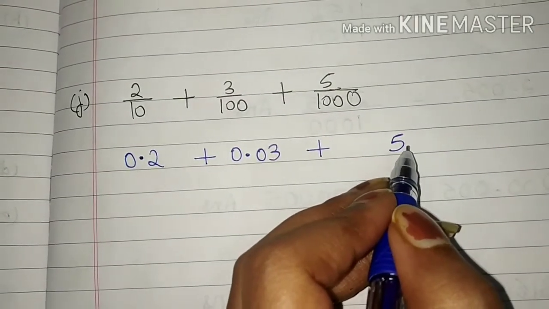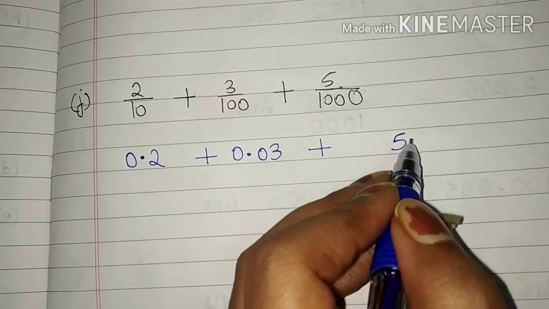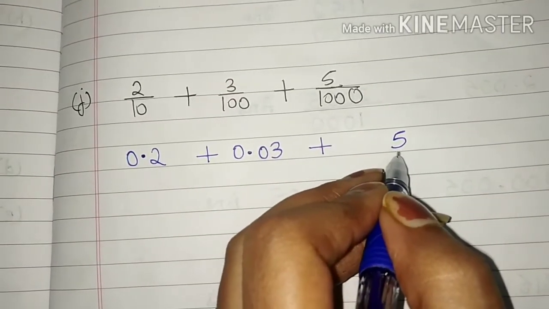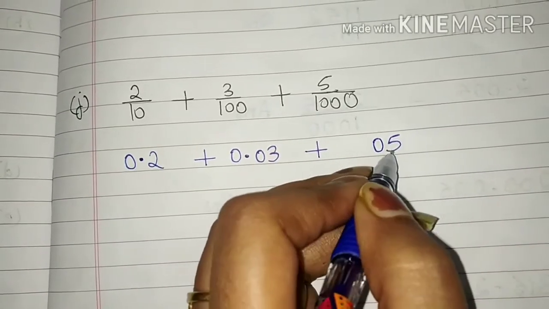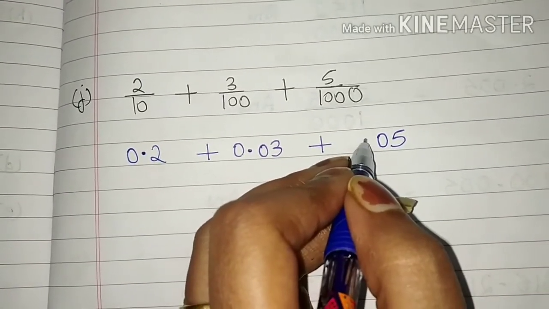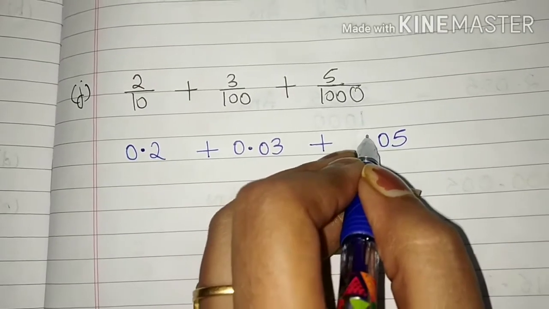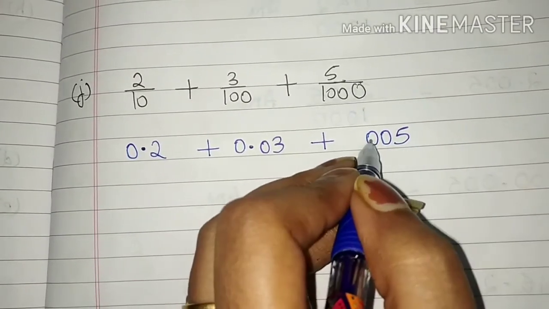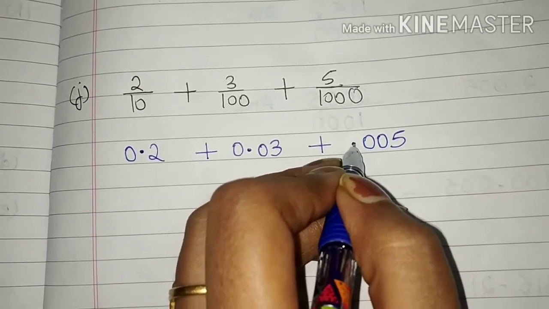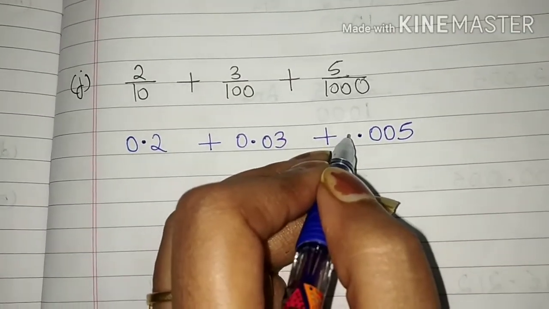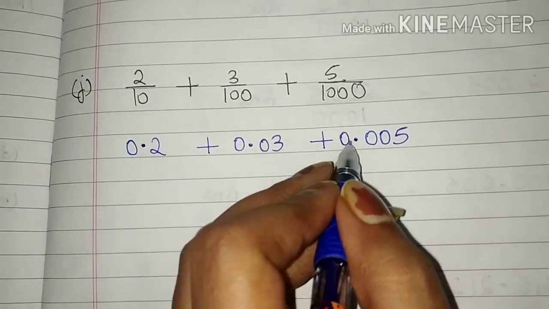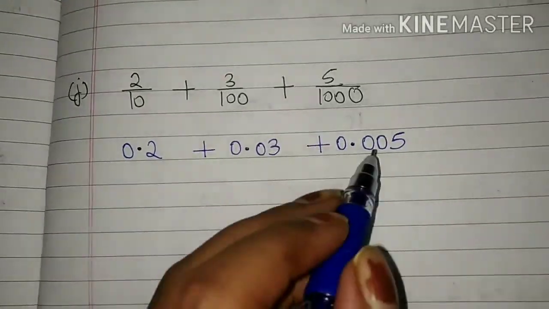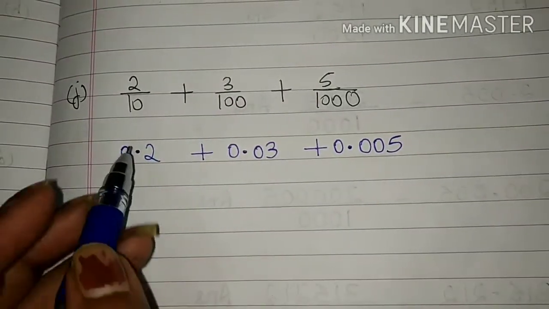And starting from the right side, we will leave 3 numbers. We will leave this number. Second number is not given, so we will write here 0. Again, third number is not given, so we will write here 0. Now we will leave these 3 numbers and then put a decimal point here. After that, we will write here 0. Students, this is 0.005. Now students, we will add all these numbers.